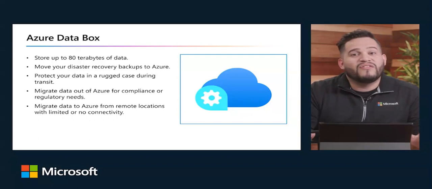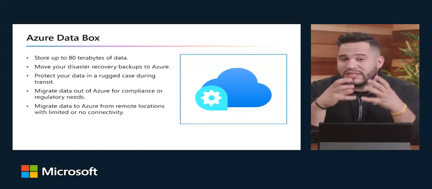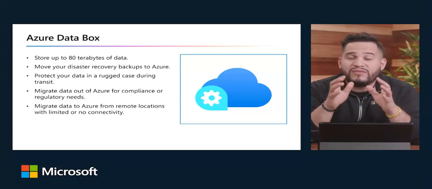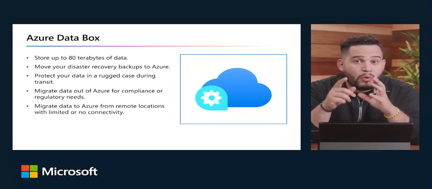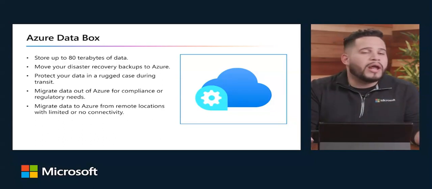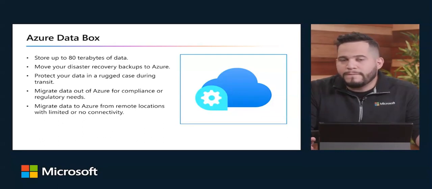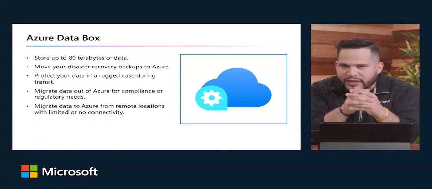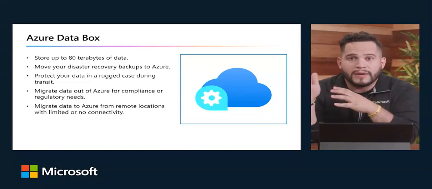Don't worry. The device has a rugged casing to protect and secure data during the transit. You can even order the data box via the Azure portal to either import or export data from Azure. And once the device is received, you can very quickly set it up using the local web UI.